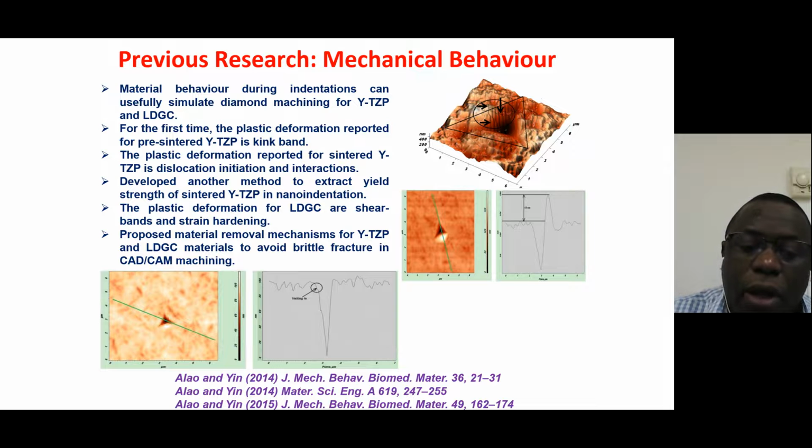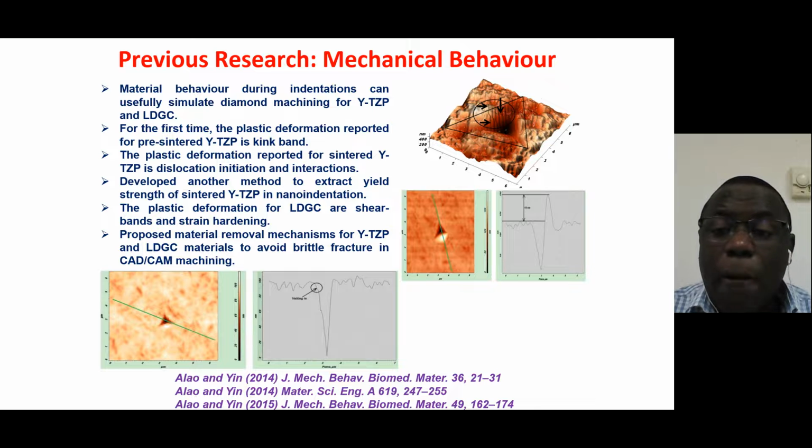After you have converted loading rate to strain rate, you can use the Tabor relation and the continuum model, the pressure idealized yield criterion, together with the strain rate sensitivity model, in order to get the yield strength of sintered zirconia in nanoindentation.